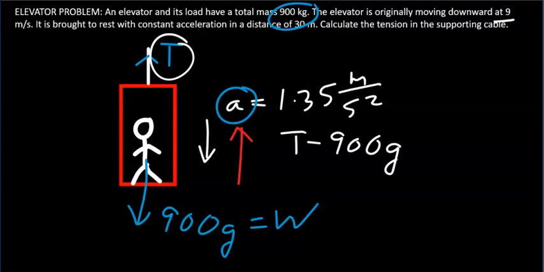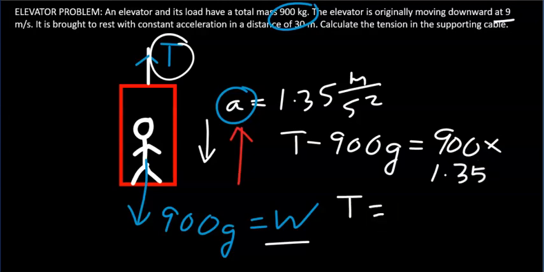So this, subtract that, is the net force. And that net force must be the same as ma. m is 900, a is 1.35. And the tension can be determined. And the answer is 10,044 newtons. And that solves the problem.